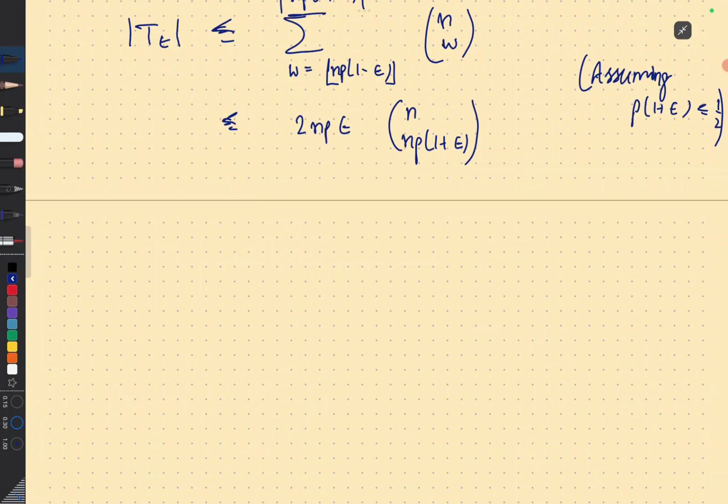Have you seen any bounds on the binomial coefficient in terms of the entropy?